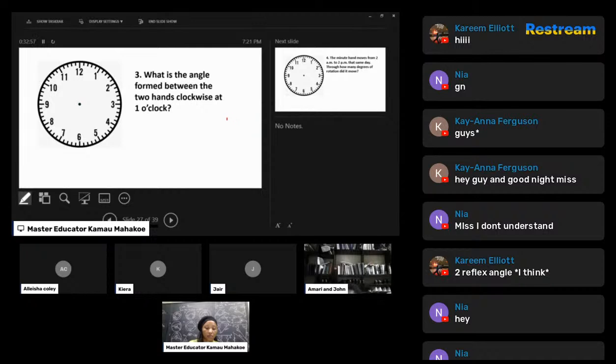Miss, the minute hand would be on the 12 and the hour hand would be on the 1. So what we're saying is minute hand on the 12, hour hand on the 1. It's clockwise, so they want this angle there.